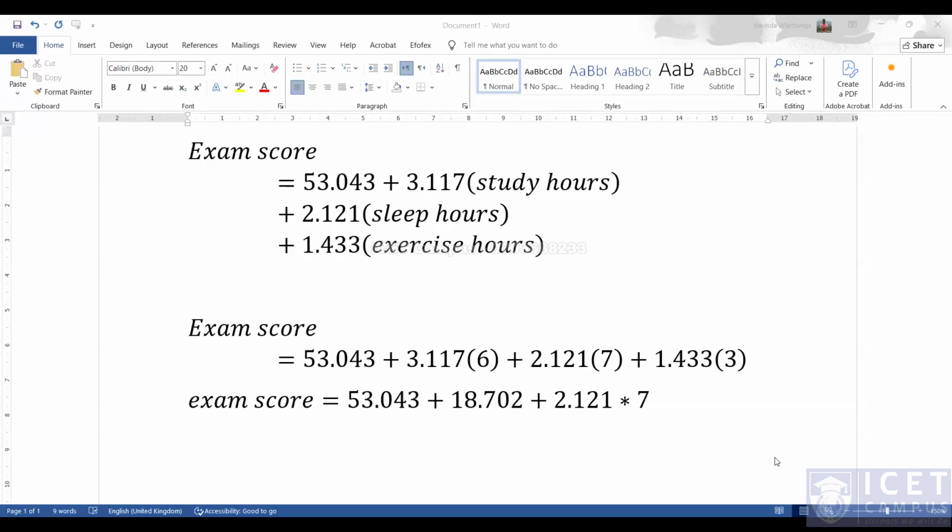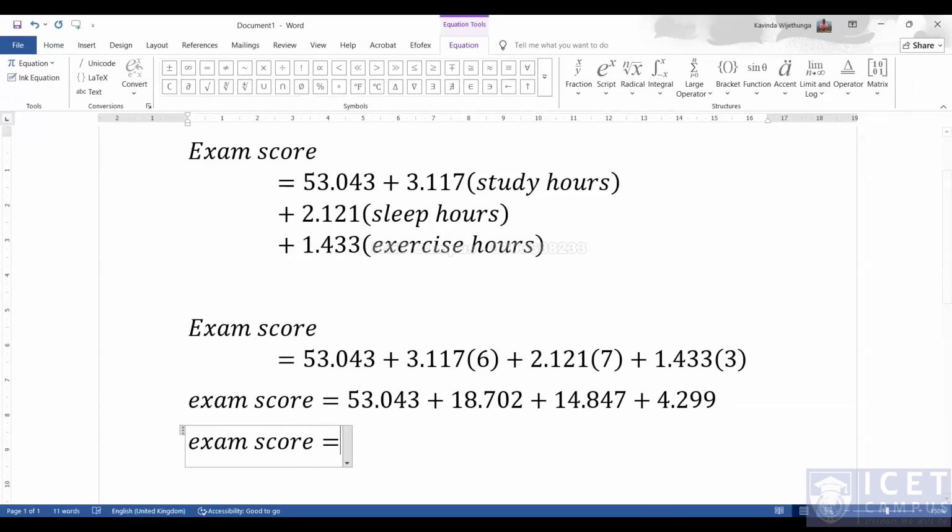The answer is 14.847, plus the last one, 4.299. Then we can find the exam score.